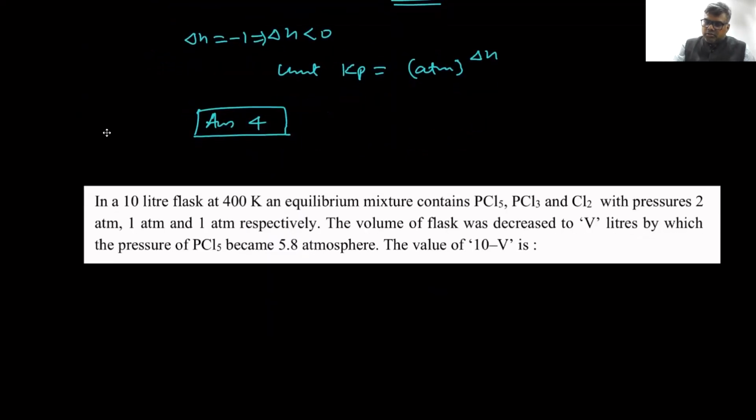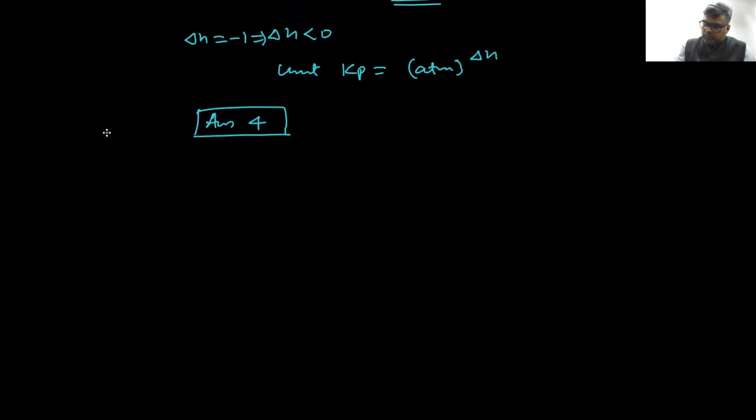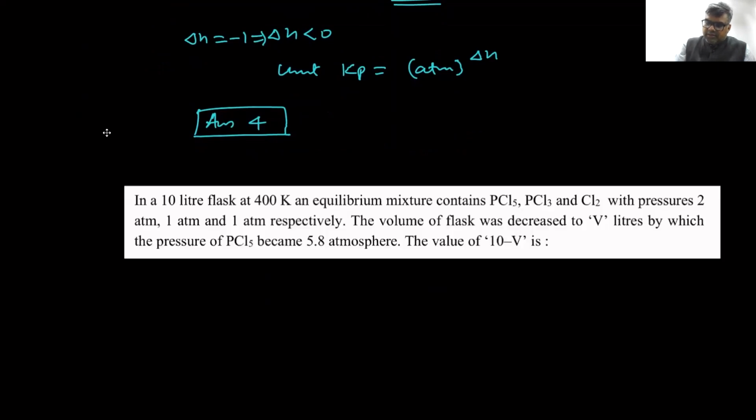Okay. So in this question also, basically you have to predict the direction of equilibrium. It's better to say the Q and KC concept you have to discuss. So let me write the equation first. PCl5 gives you PCl3 and Cl2. The volume of the flask is 10 liter, and the pressures of 2 atmosphere, 1 atmosphere, and 1 atmosphere are given at equilibrium.